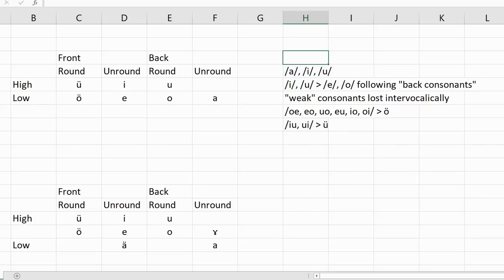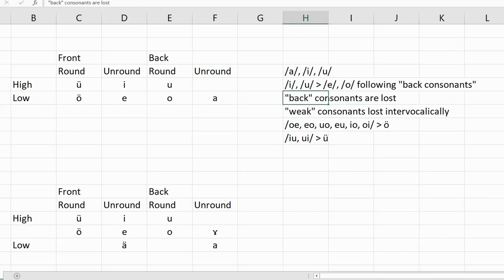So to make it phonemic then, we need another change. If the back consonants are lost then, not necessarily completely lost, but if, say, we had a uvular stop, like a q, if that merged with the normal k, then that would render the E and O vowels phonemic.